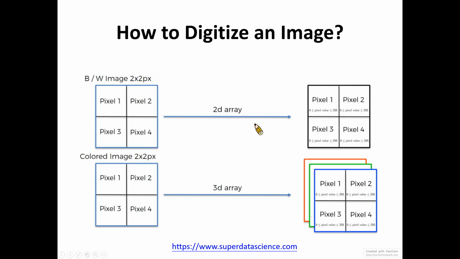And if there are gray images, then we can divide the gray colors according to the spectrum between 0 and a certain range of numbers, for example, 255. So here you can see that using a two-dimensional matrix, we can assign a number to each pixel, and that number corresponds to a color scale.